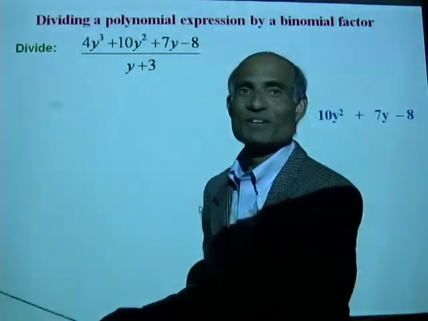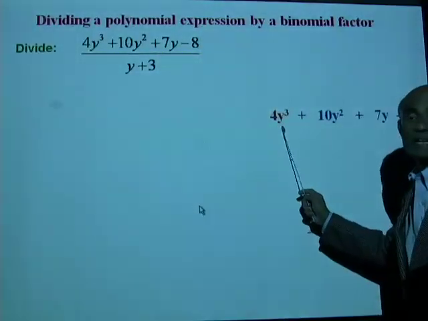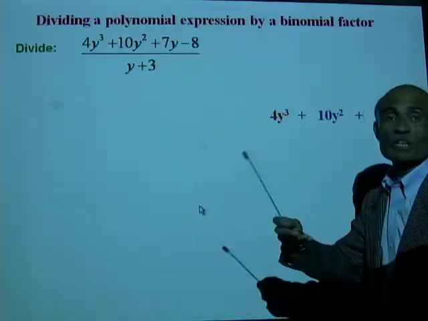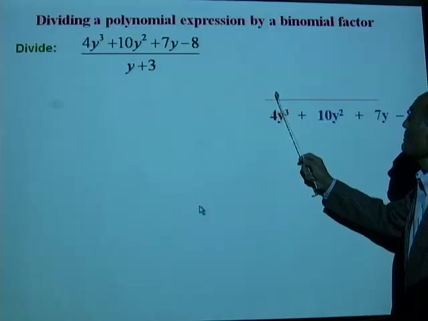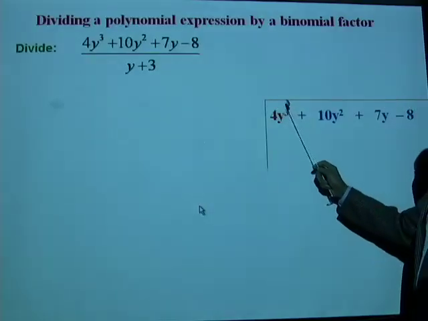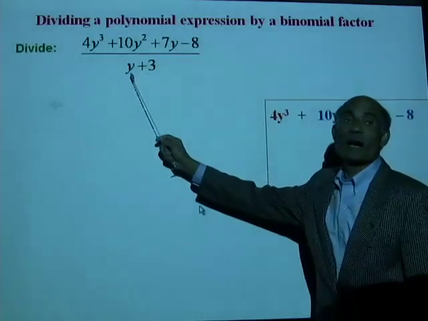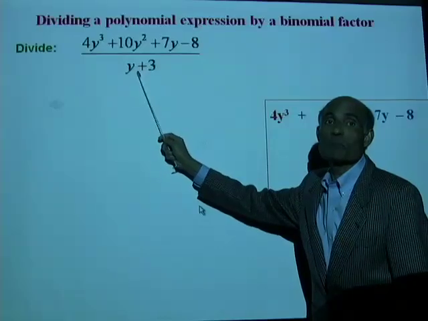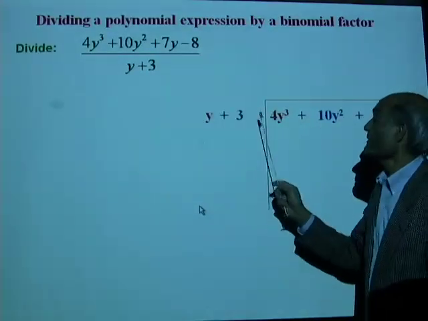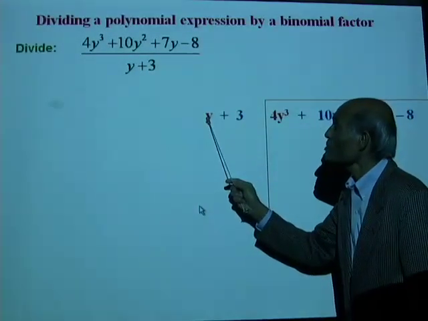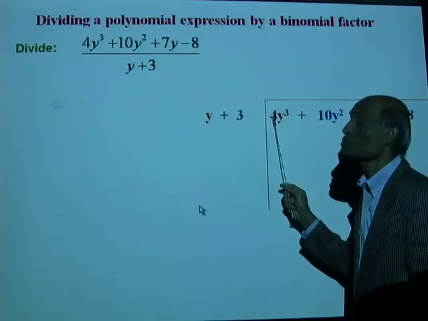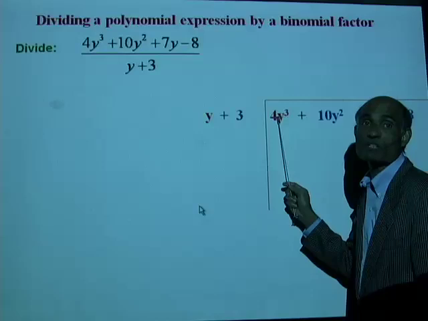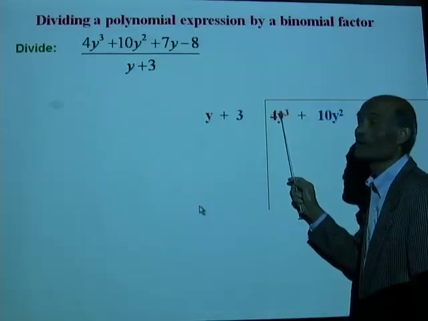To begin with, we will write the function like this. The normal way we divide a number by another number. Then we have a horizontal line and a vertical line, and write this binomial factor. Next you see the first term in the binomial factor is y, and the first term in the polynomial expression is 4y cubed.